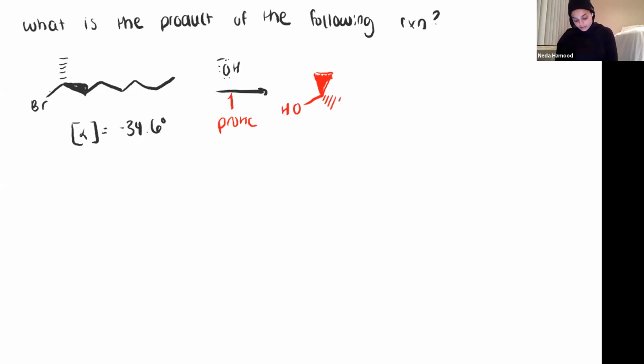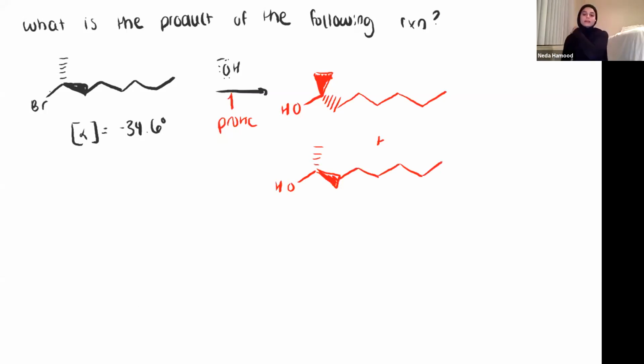The OH stays over there, and then we get a racemic product. So then the other one would look like this. And you can keep the OH where the Br was, because we know it's substitution. You don't really want to complicate things by putting in the R/S configuration. Honestly, I would just keep it like this if it were a question.